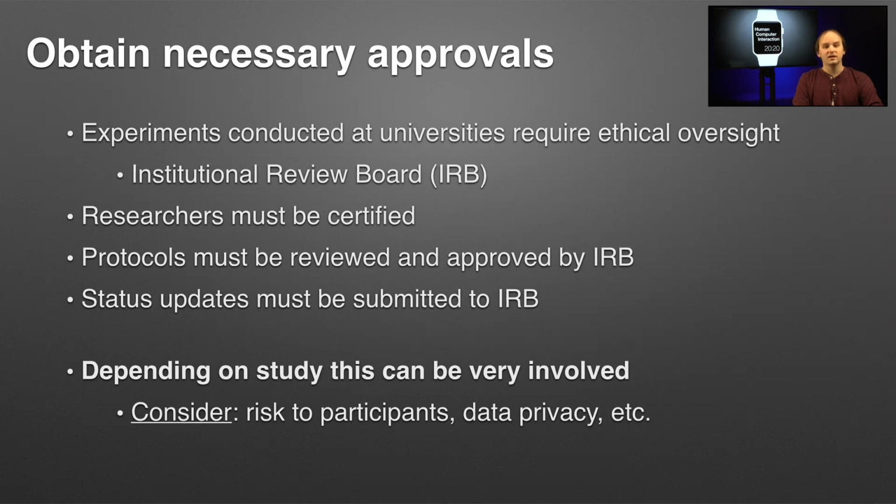So in the United States, we have the Institutional Review Board for all of our studies that we do with people. And we're required to go through that process whenever we decide to conduct a study. That can be quite intense, or it can be easy. It depends. The whole point of it is to protect everyone involved.